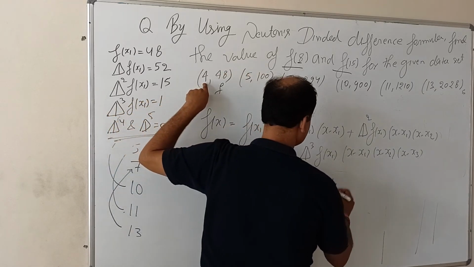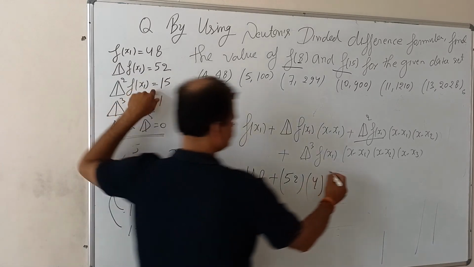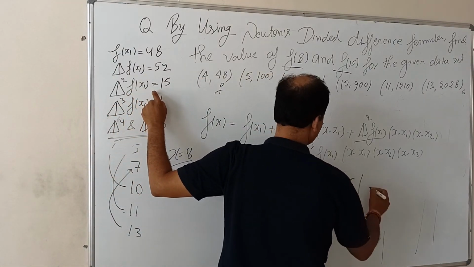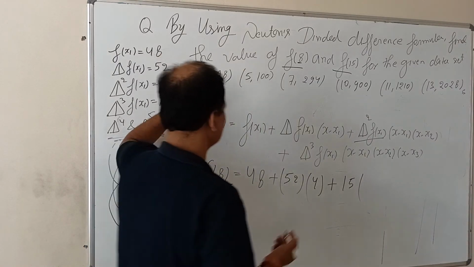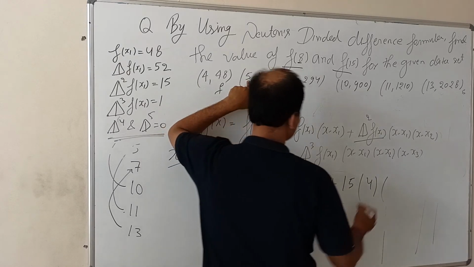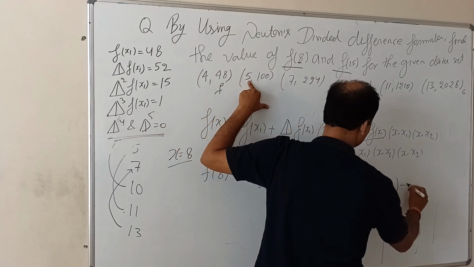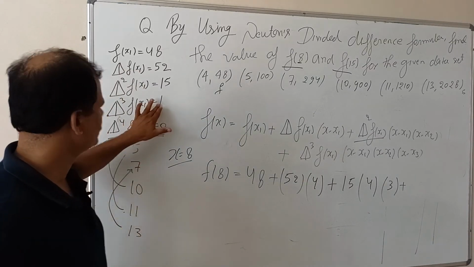Plus delta square f, 15, and x minus x1, so 8 minus 4, we get 4 here, 8 minus x2, so 8 minus 5 we get 3, plus delta cube, which is 1 here.